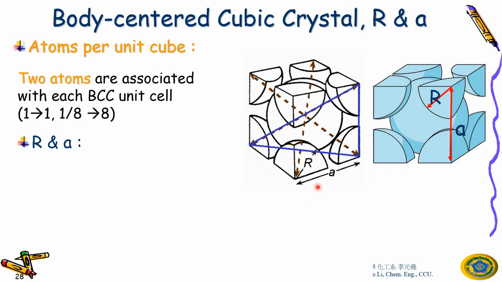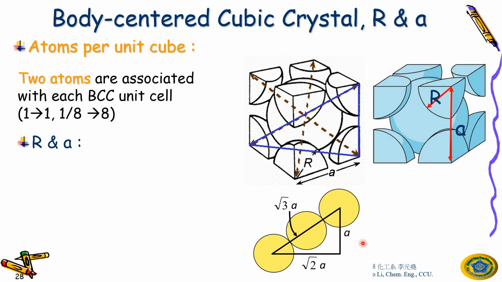Okay, so let me tell you that this is R, right? This is R. And this is what? This is 4R. If you put it from 3-dimensional, it becomes 2-dimensional. This is 4R, right? 4R equal to root 3 A. Why?